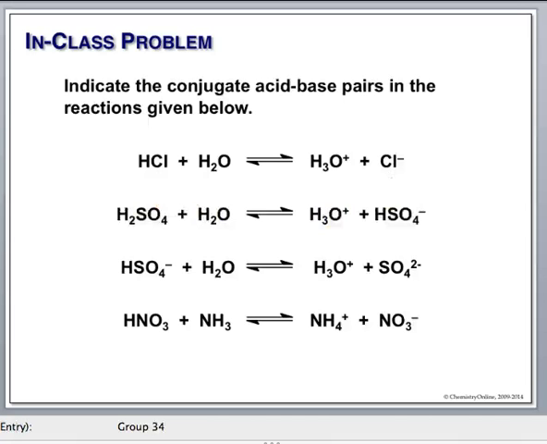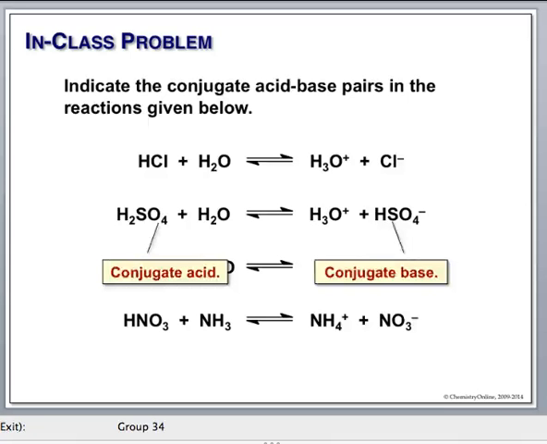This is the first ionization of sulfuric acid. We'll describe this as first and second, okay? The first ionization, we're going to lose a proton to form hydrogen sulfate. The Bronsted acid here is sulfuric acid. When it loses its proton, it forms its conjugate base, which is hydrogen sulfate.